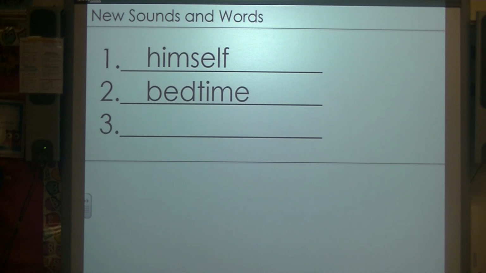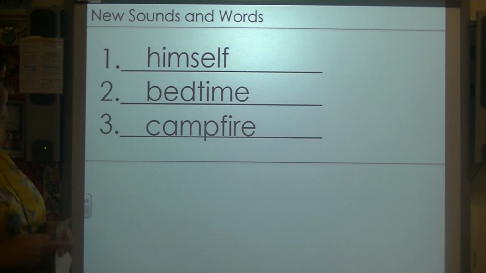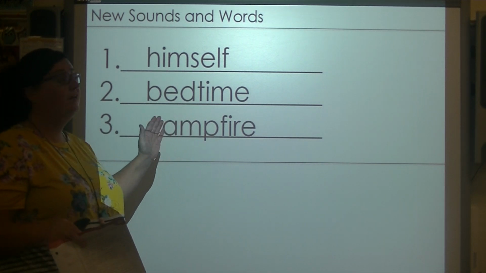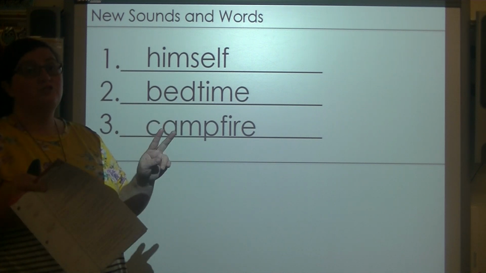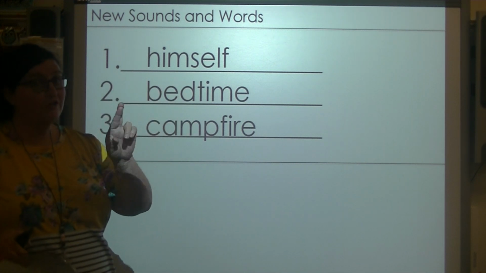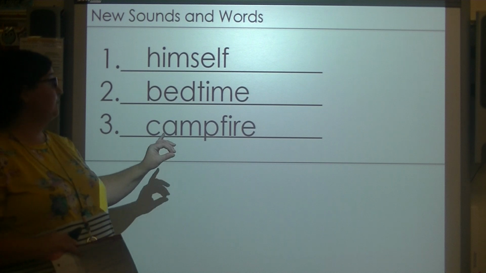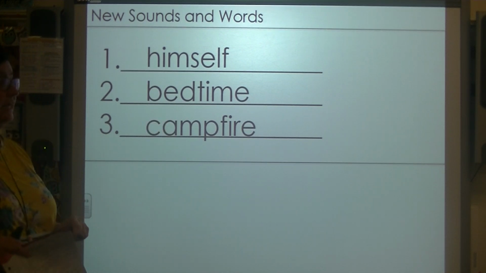Now let's check your work. Campfire. Make sure there's no spacing in between your words, guys. A compound word is two words put together to make one new word. So no gaps in there. Campfire.